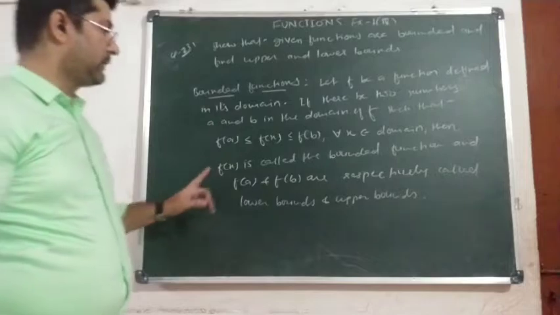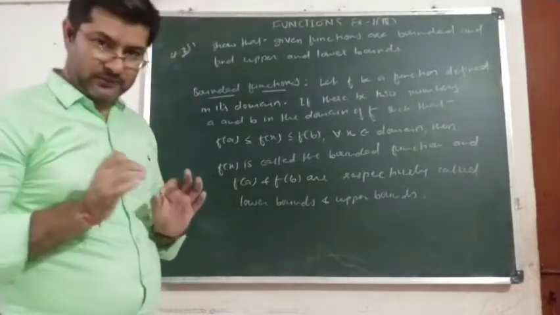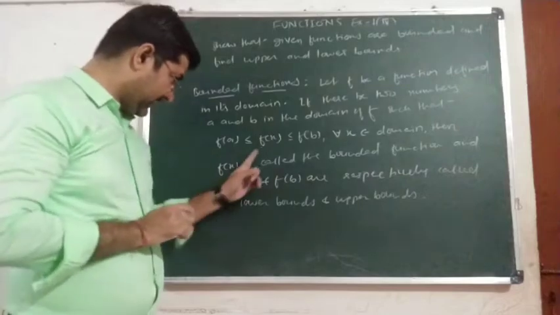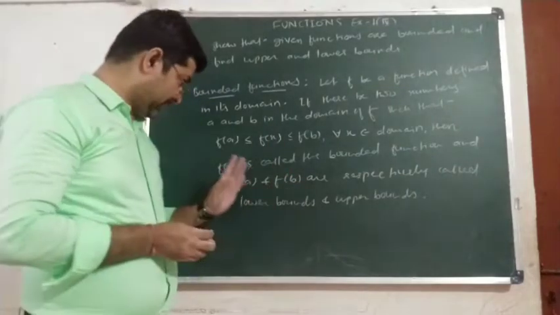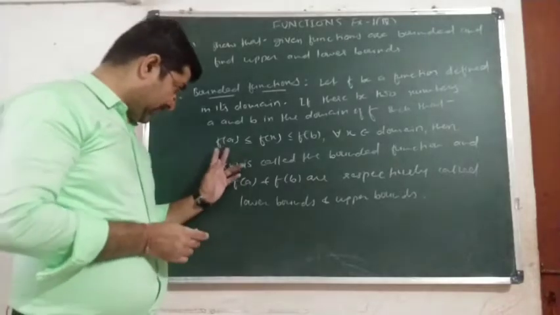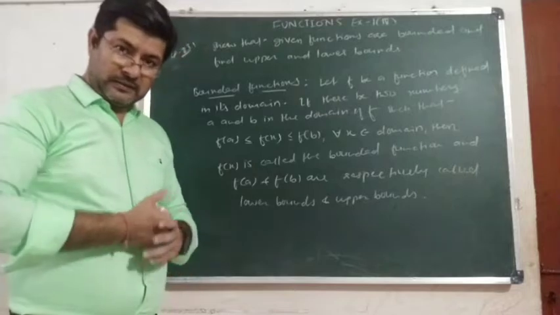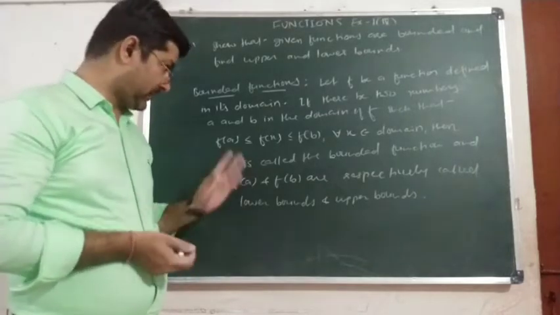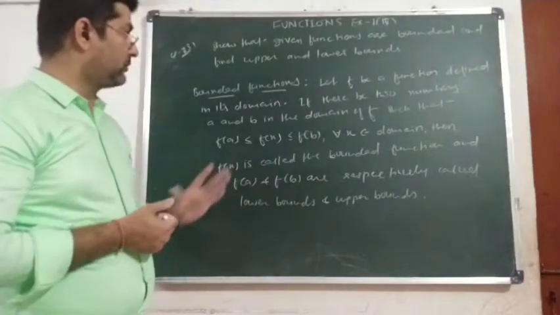So if you have two numbers or two values of x in the domain for a given function f of x, such that f of x lies between f of a and f of b, then we will say that f of a and f of b represent the lower and the upper bounds. Please note down this.